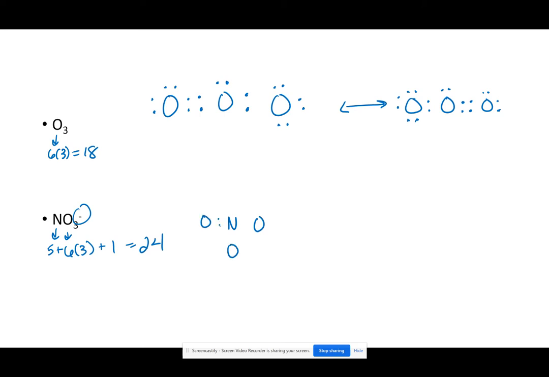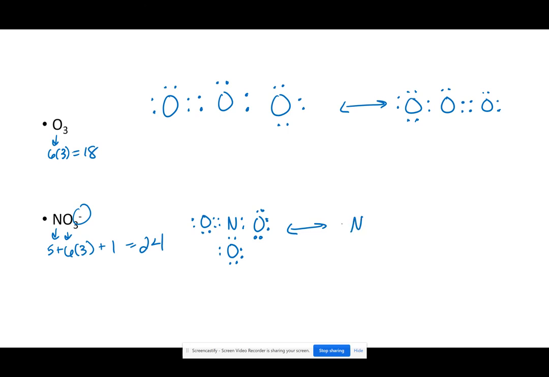Start with single bonds. Put the rest on the outside. So 6, 8, 10, 12, 14, 16, 18, 20, 22, 24. Nitrogen's not satisfied. So erase a lone pair. Make it a bonding pair. So that's one valid structure.